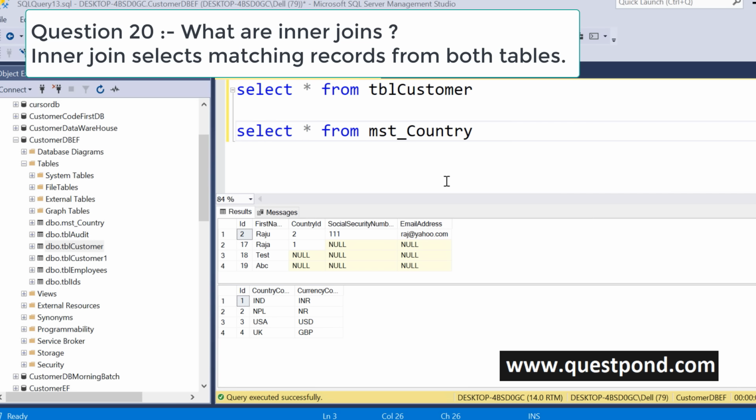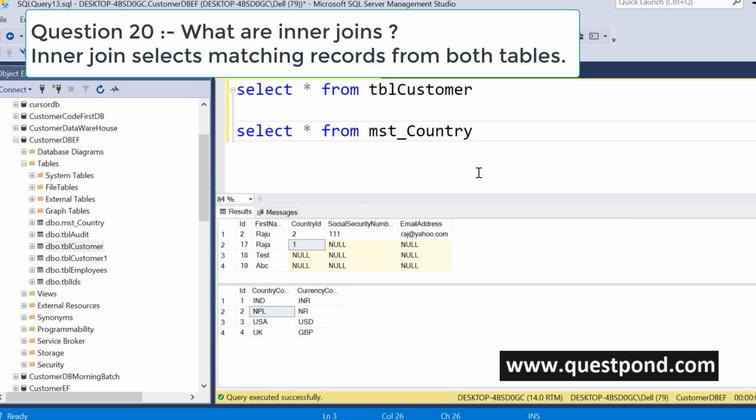So first thing, let us go and get started with inner join. What exactly is an inner join? Inner join selects matching records from both the tables. Look at my answer, straightforward and to the point. When you make an inner join between two tables, it will select the matching records. For example, you can see here, there is this TBL customer and this TBL customer is having a reference of country ID from the MST country table, right?